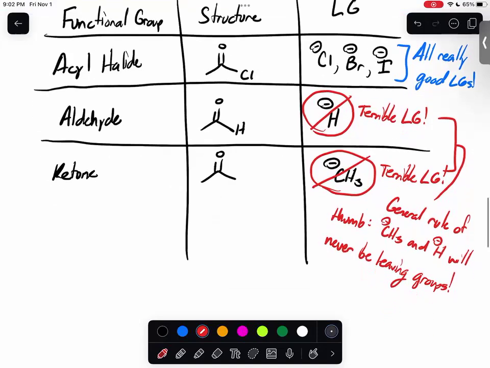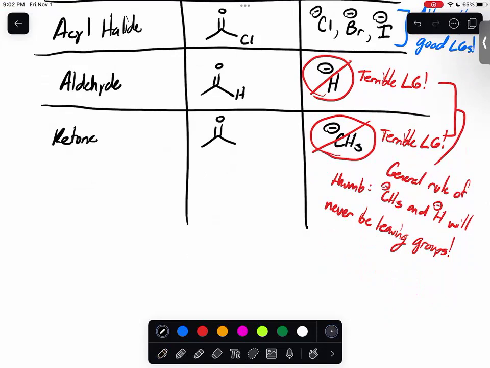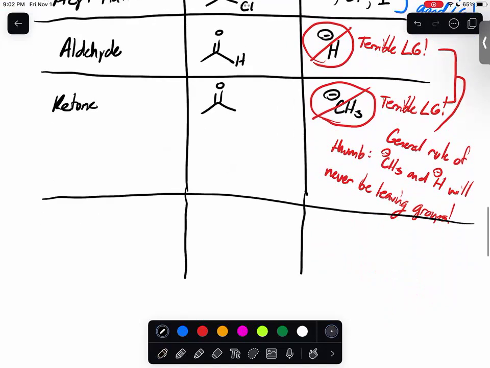Now then, moving a little bit down the line, there is a functional group that I don't believe is on your handout, and that is called an anhydride. What an anhydride is, is actually two carbonyls that are side by side. But you can imagine, in the case of trying to kick out a leaving group from one of the carbonyls, it would actually be a carboxylate, right?